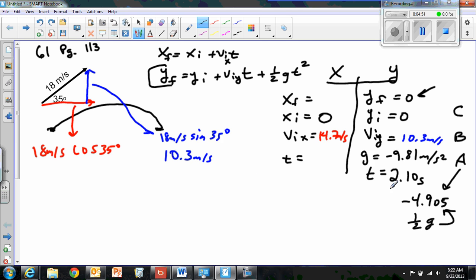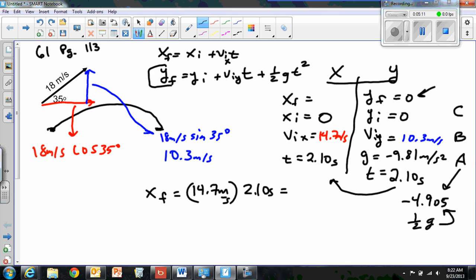So now remember, if I have that time there, this is the same time here, 2.10 seconds. And so X final equals 0. I don't have to put that down. It's going to be 14.7 meters per second times 2.10 seconds, and that's going to give me how far down the field the football is going to go.